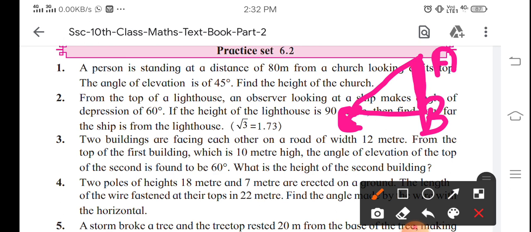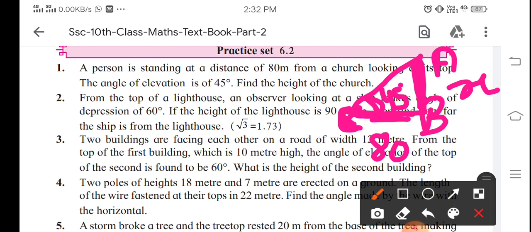What we have to find is this AB only. The distance between the person and the church they have given is 80, so we write 80 meters over here, and the height we just assume is X. The person is standing over here, that means the angle is 45. I think this is clear.